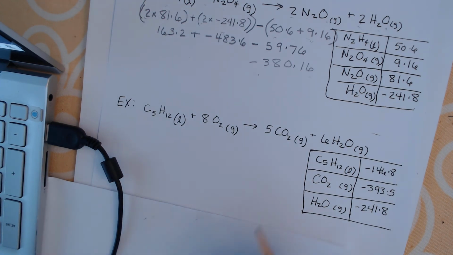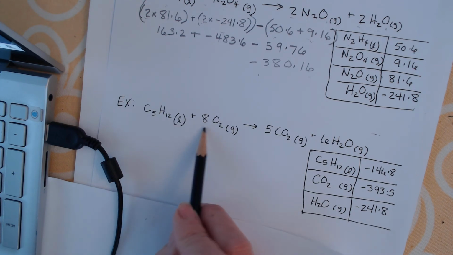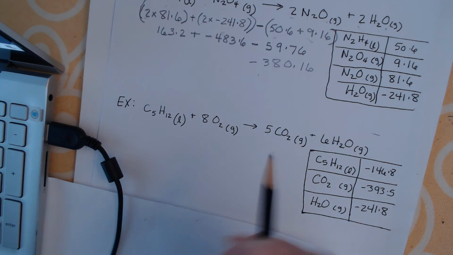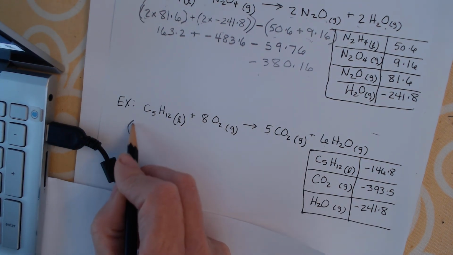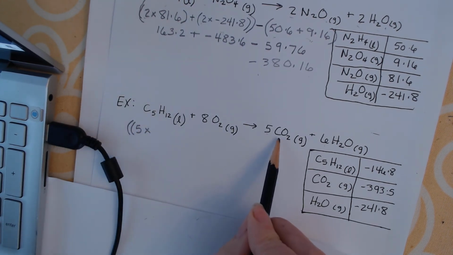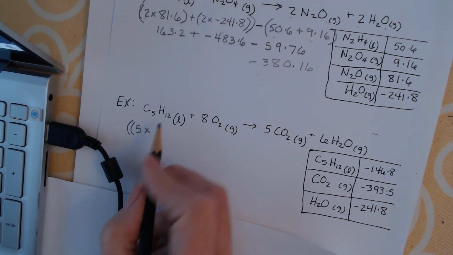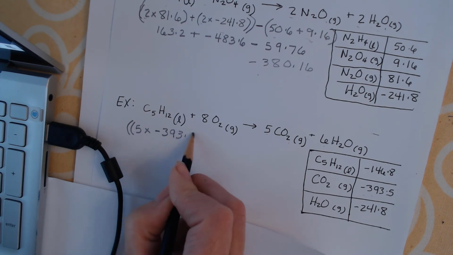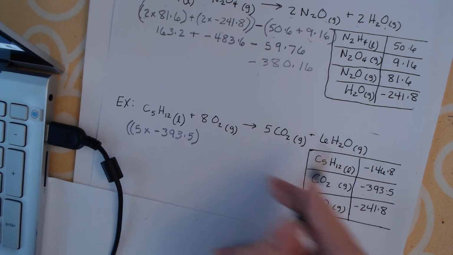Let's go and do this one. All right, so again, we've got to always remember that we start, oh, look at this. I've got a bunch of coefficients going on here, don't I? So I start with my products. So I'm going to start and say 5 times CO2 gas, negative 393.5, negative 393.5, and then plus 6H2O.